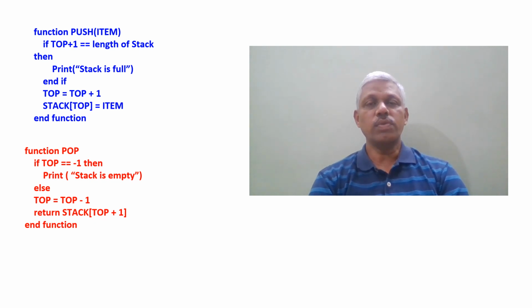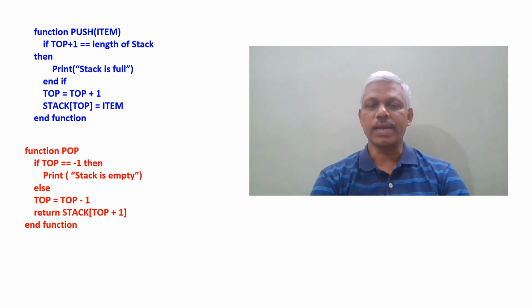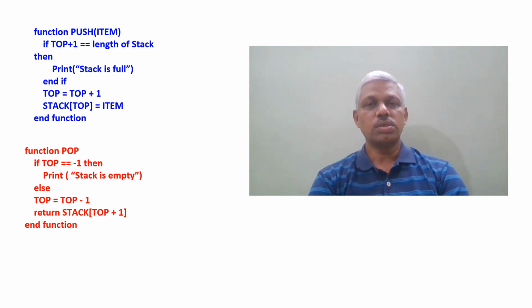Otherwise, what we do is increment the location top to top plus 1. Whatever the current top is indicating, we increment that top to top plus 1, and at that location we push the item into the stack. So how do we push? Stack of top is equal to item.